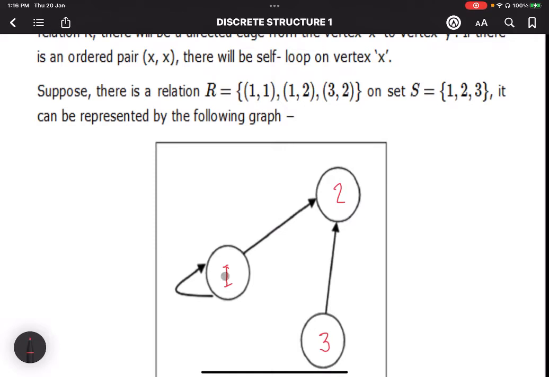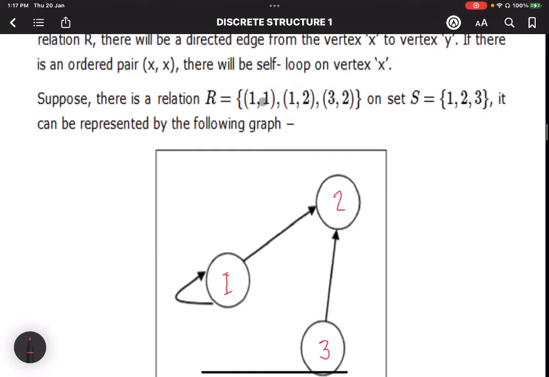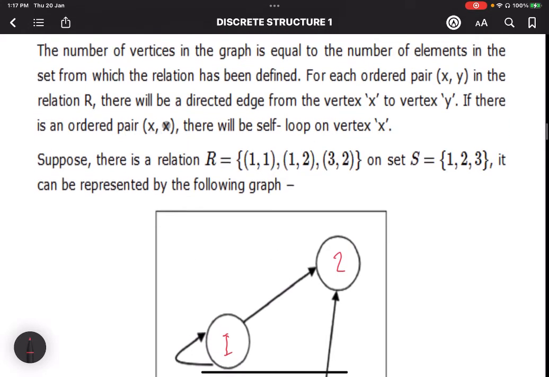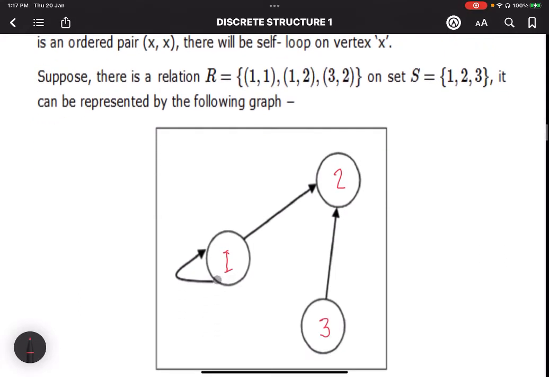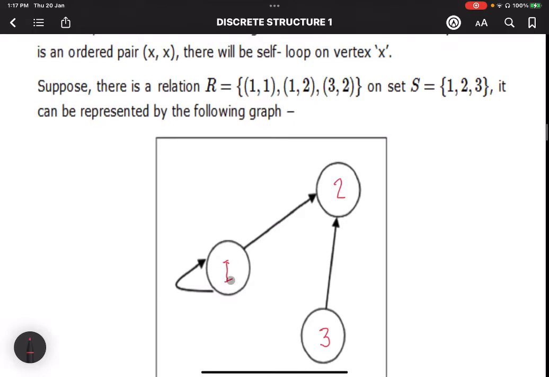So paano ko nalamang ito yung 1? Kasi based on this relationship 1, 1, meaning there is a loop. Remember, if x is equal to x, then there is a self loop, meaning the edge loops, no, to itself. Okay, so the edge loops to the vertex for the case of the vertex 1.